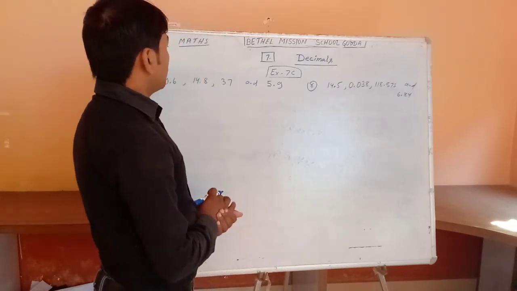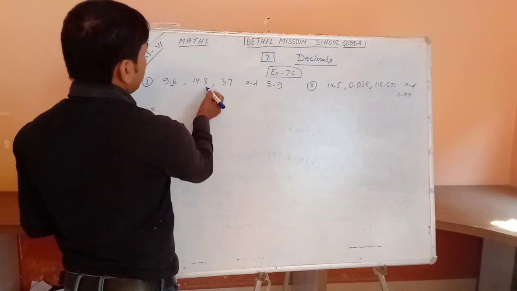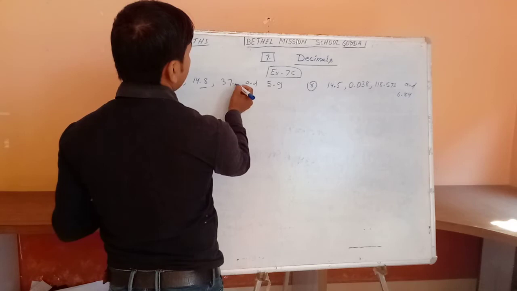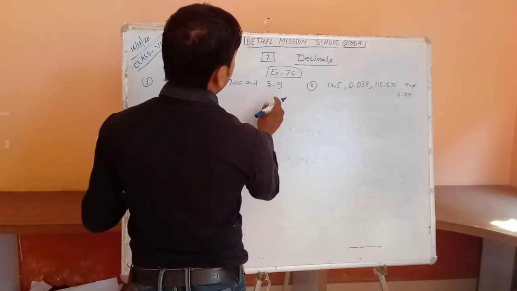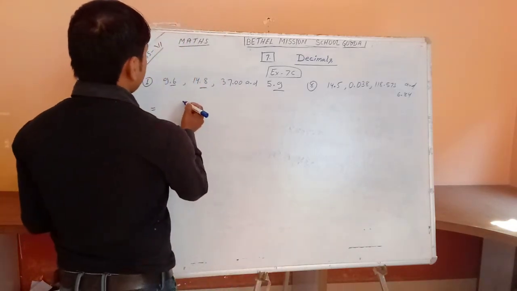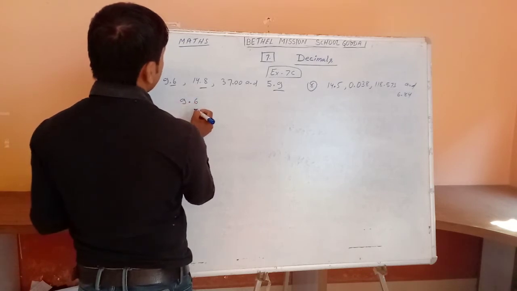Okay, so now count here. There is 1 decimal place, 1 decimal place. So 37 is given, we can put decimal and 0, whatever, and 5.9 has 1 decimal place. Okay, same given, we don't need to change anything. So you can write in column form 9.6.